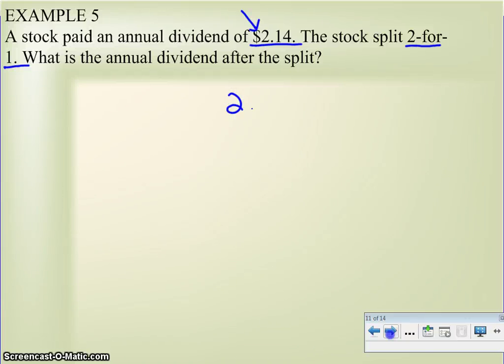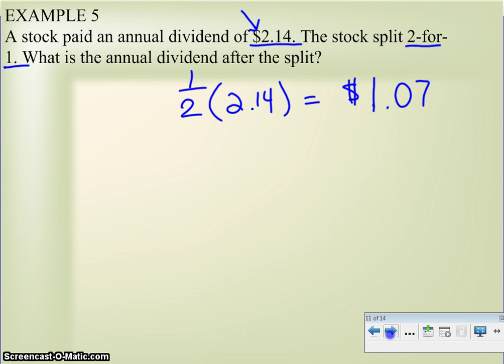So we're going to take the 2.14 and multiply it by B over A to get our value. And we get that it is $1.07 per stock. This is what the new dividend will be.